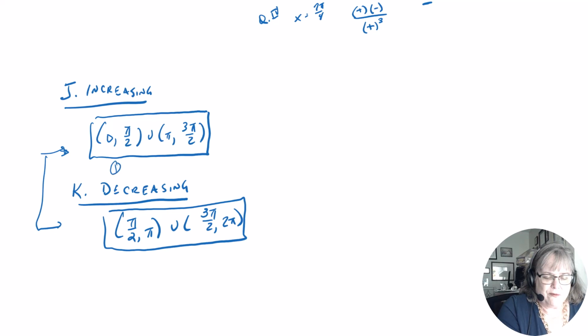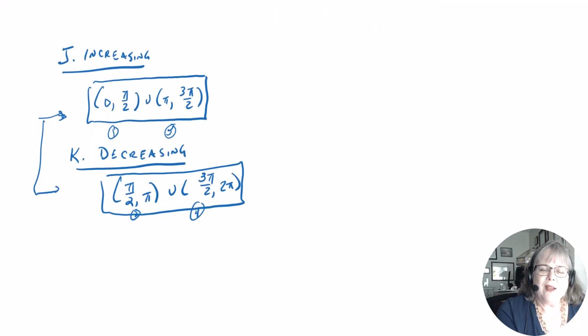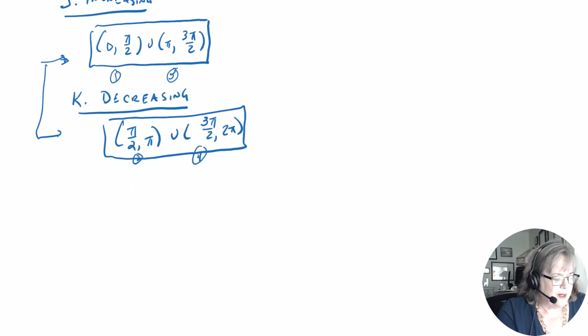So here's the first one, here's the second one, third one, fourth one. As you're working across the interval, it just helps to double check so that you don't accidentally leave an interval out if you've got a very complicated problem.